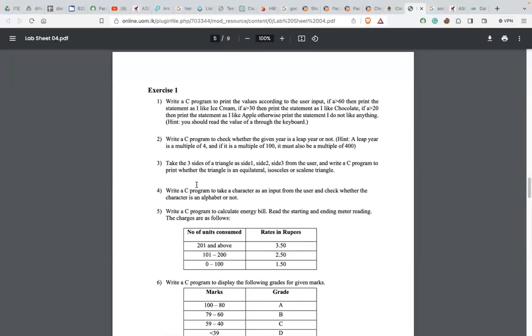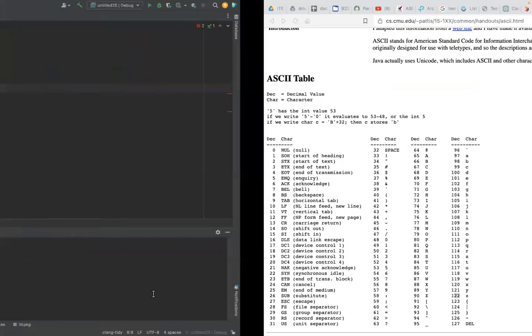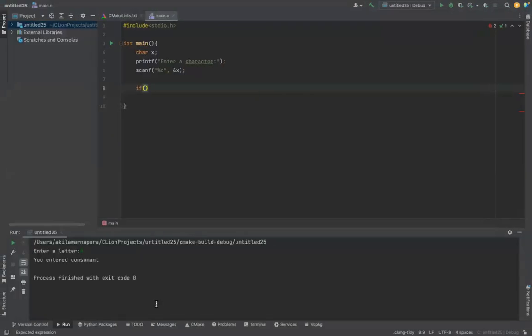We have to check whether the entered value is between 65 to 90, that means greater than or equal to 65 and less than or equal to 90. So you cannot use the switch case statement for ranges. Obviously, you have to go for the if-else statement.